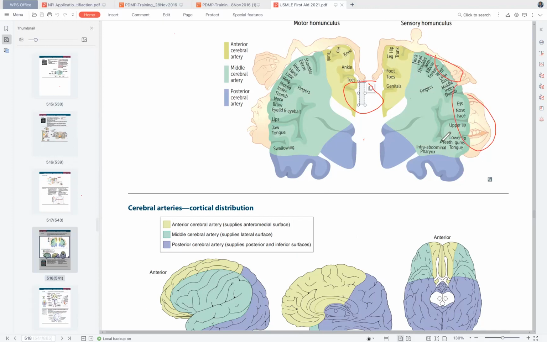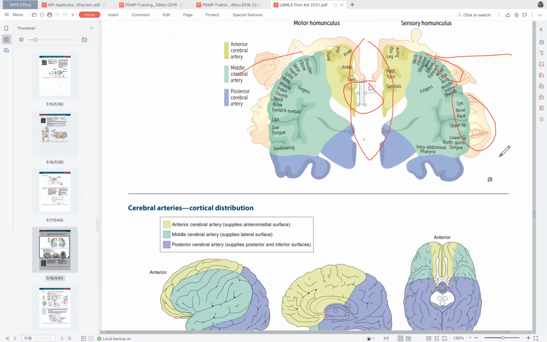What we should know, the most important thing, is the vessel distribution, and that will give us our answer. In order for me to remember that, it also takes the shape of the body, how the body is oriented. Now, if you stand straight, your legs are in the middle, and your arms are outside. And your face goes with your arms.